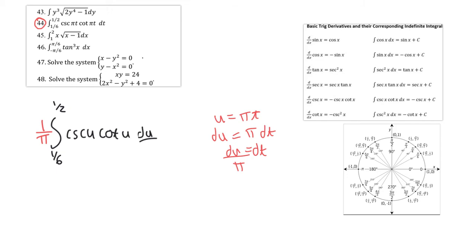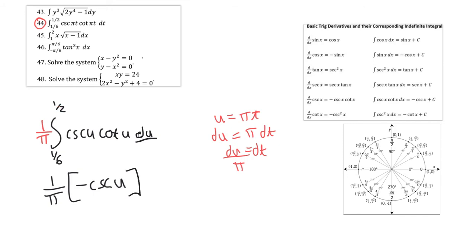Okay. So I think we're ready to go ahead and perform this. It's going to be negative cosecant of u. So we're going to have 1 over pi on the outside. It's going to be negative cosecant of u. Instead of plus c, we have the 1/2 and the 1/6 to contend with.